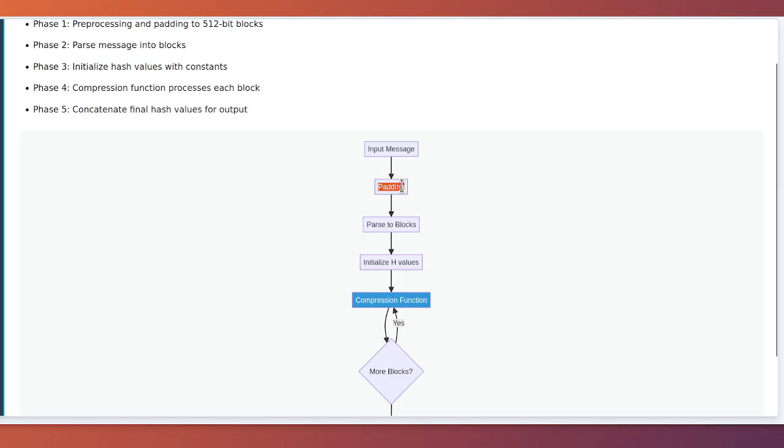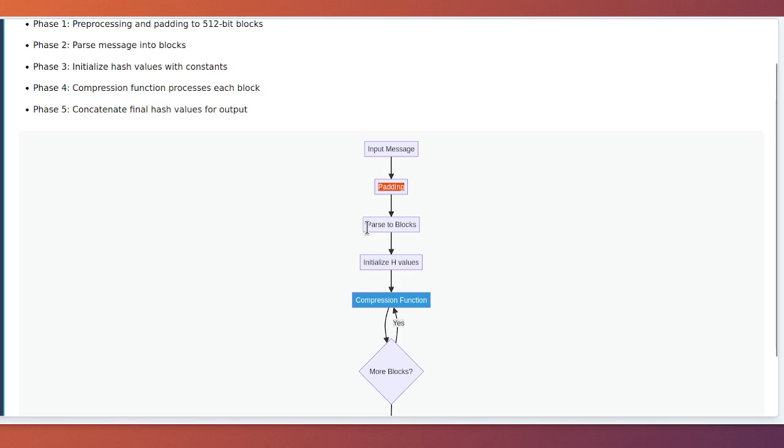If your message is not already a multiple of 512 bits, which it almost never is, we pad it according to a specific scheme. We append a single 1-bit, then add 0 or more 0 bits, and finally append a 64-bit representation of the original message length. This ensures that messages of different lengths, even those differing by 1 bit, get padded differently.